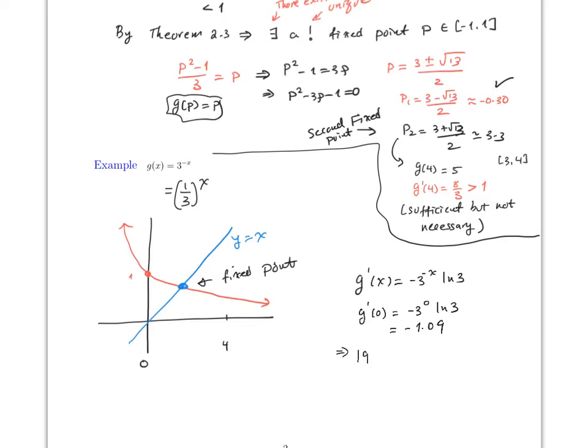Obviously, the derivative is not less than or equal to 1. So the derivative for all the values between 0 and 4 clearly is not less than 1. So therefore, this doesn't meet the criteria for the theorem, but clearly you still have a fixed point.